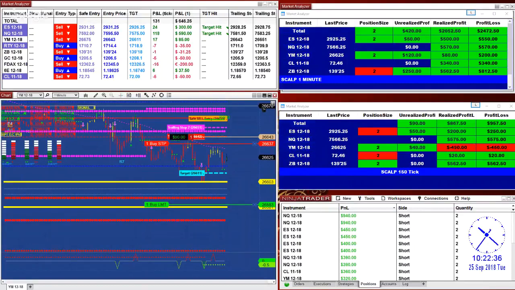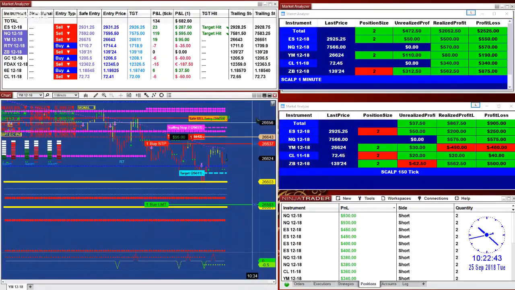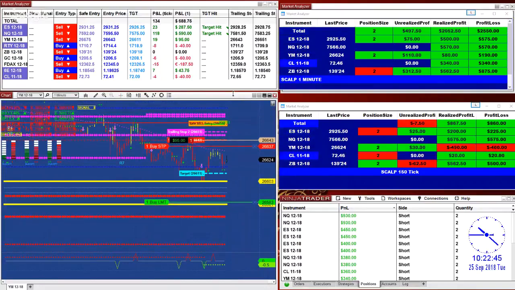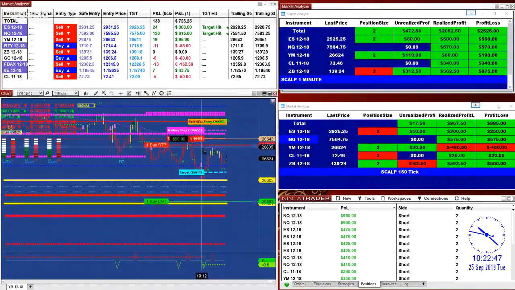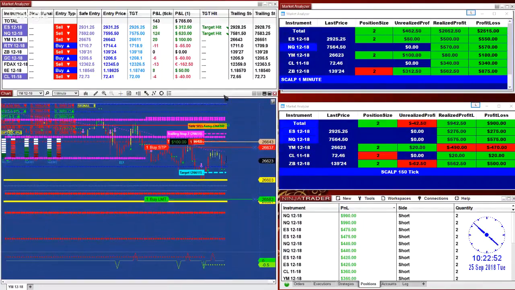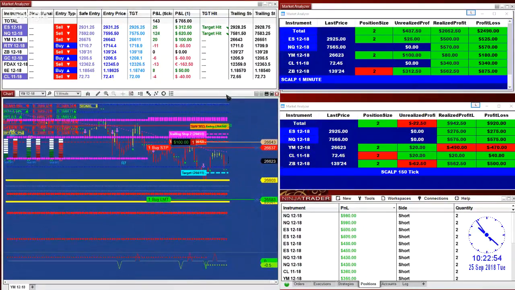I mean, you don't have to be glued to the screen, but you have to recognize when there is a problem, and keep your eye on it, see what's going on, and the bar movement.